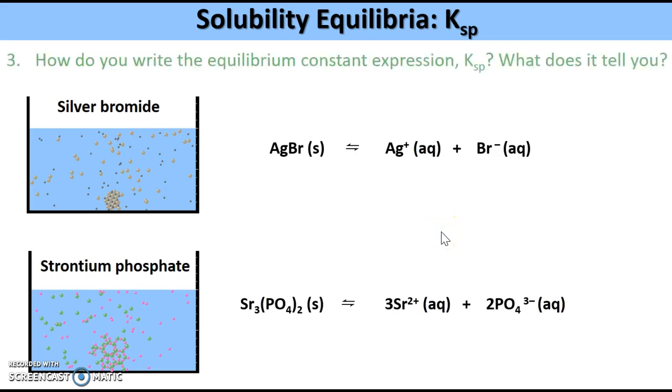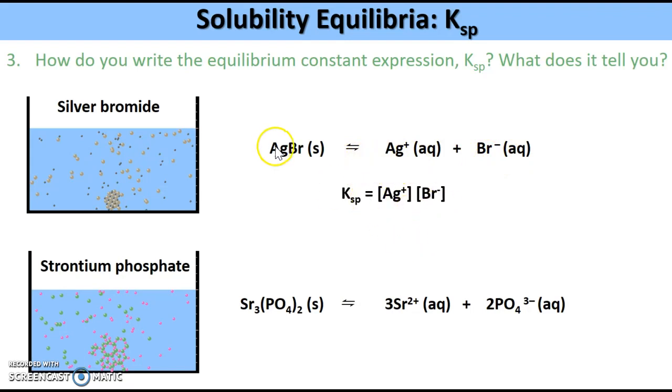Okay, 3rd question. Almost always in equilibrium problems, they're going to either ask you for the equilibrium constant expression, or you'll simply need to do it in order to do some math. It's exactly the same way that you would write Kc that we did at the beginning of the topic. Once you have your equation, you simply write K equals concentration of the products divided by concentration of the reactants.